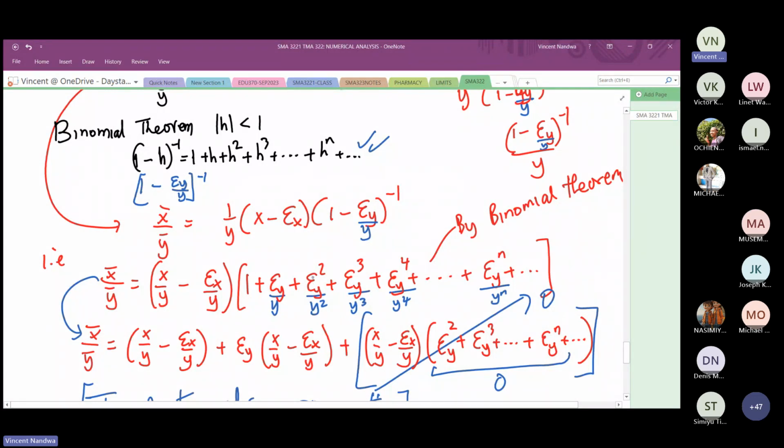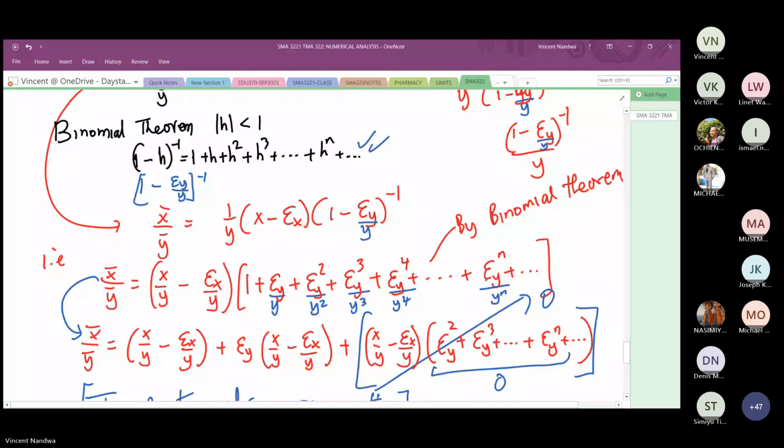So this will be error in y over y raised power 2, so error in y squared over y squared. Error in y over y raised power 3. So every numerator and denominator raises to the same power. Then error in y over y raised power 4 will be error in y power 4 over y power 4.